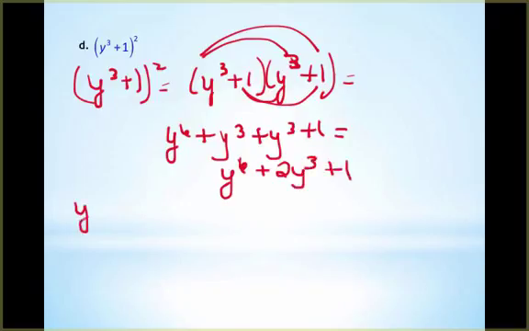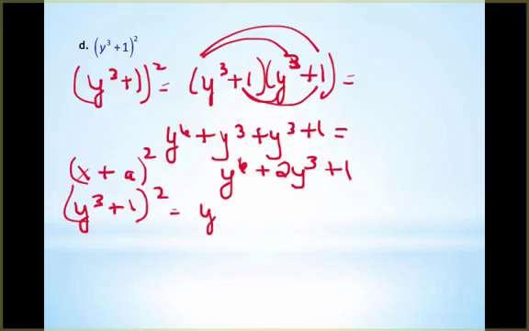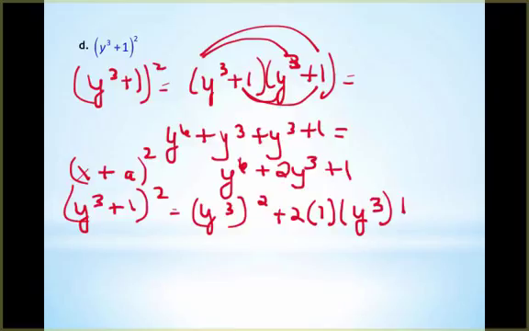We'll go ahead and do that one also by our formula. So if we think of this as x plus a squared, we know that to be x squared, so it'd be y cubed squared, plus 2a, which was 1, times x, which is y cubed, plus a squared, 1 squared.